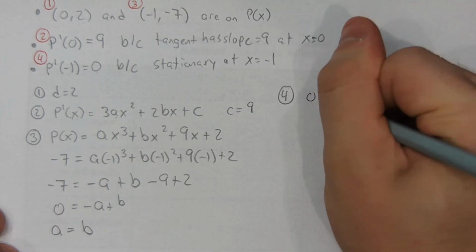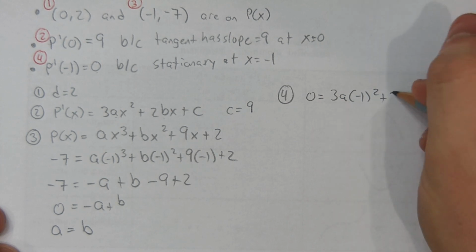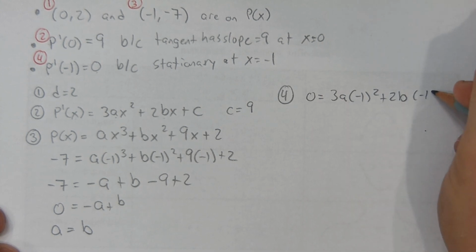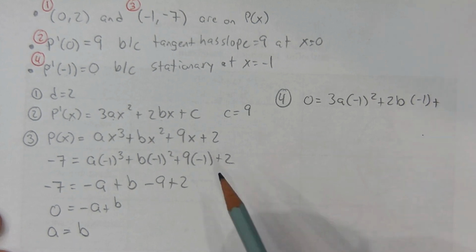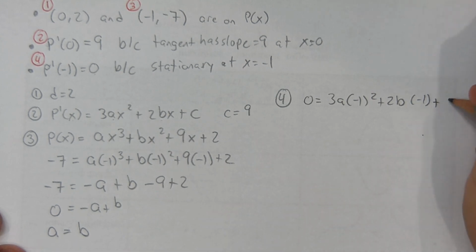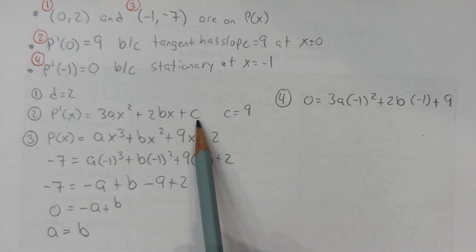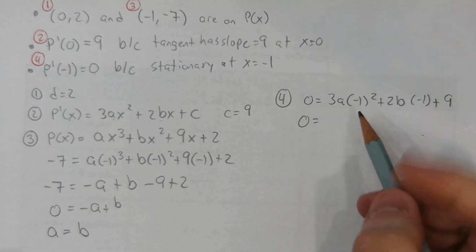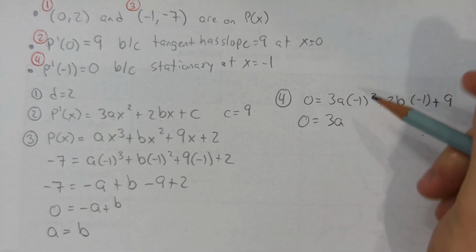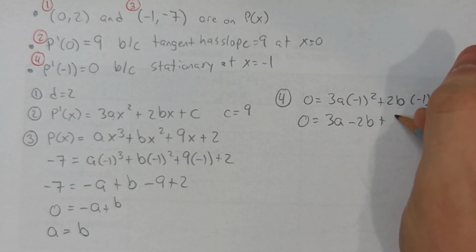So 0 equals 3a times -1 squared plus 2b times -1 plus, and by the way, c is 9, so plus 9. I don't need to say plus c, because I know c is 9. See? Okay, we get 0 equals 3a minus 2b plus 9.